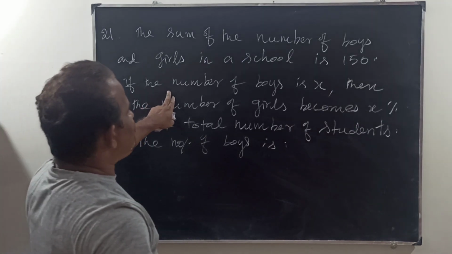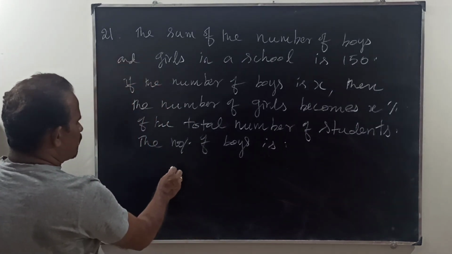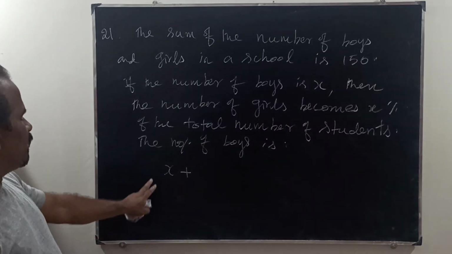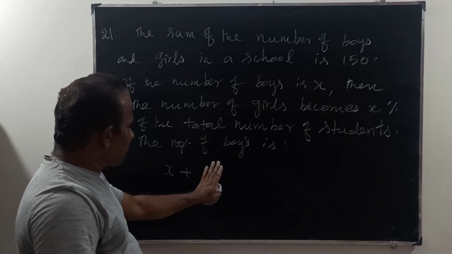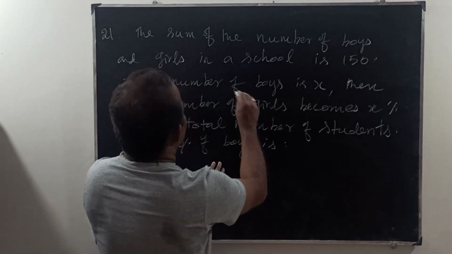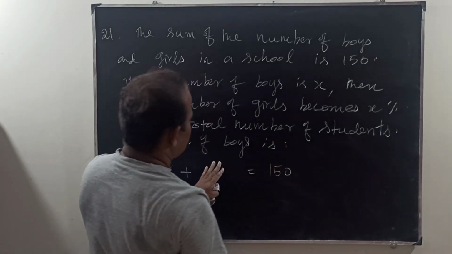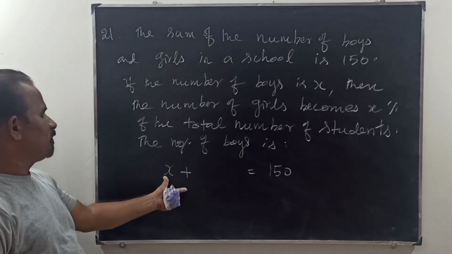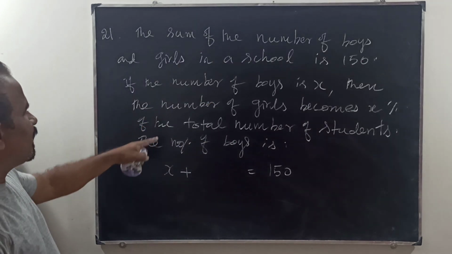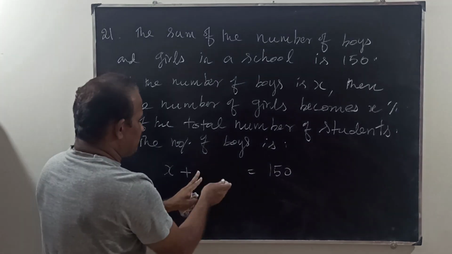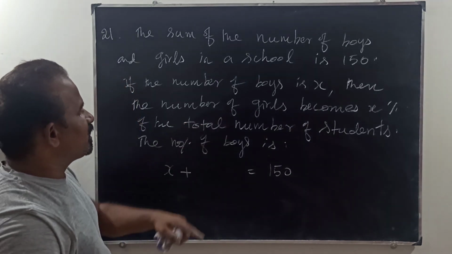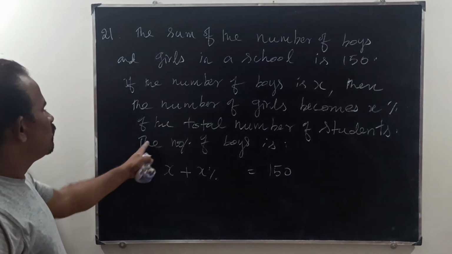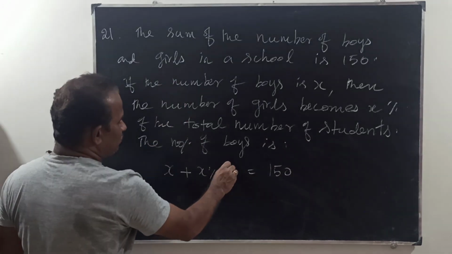The number of boys is x, plus number of boys plus number of girls is equal to 150. This is given. Given that if the number of boys is x, then the number of girls becomes x percentage of the total number. Total number is again 150.